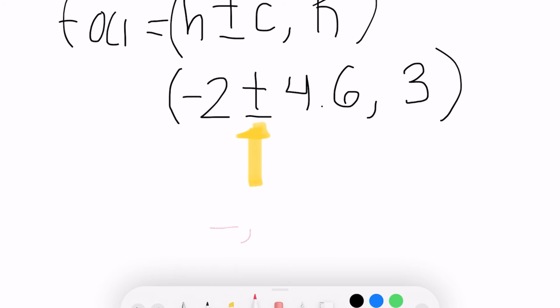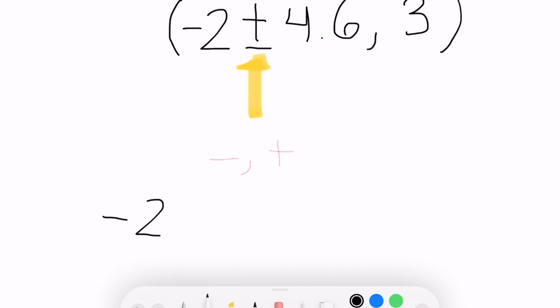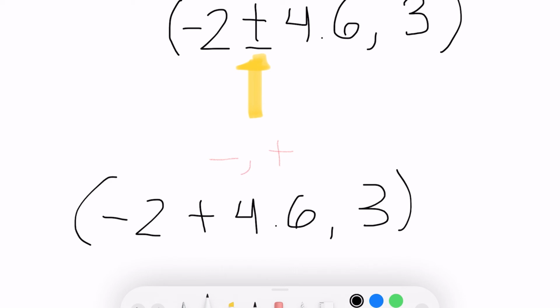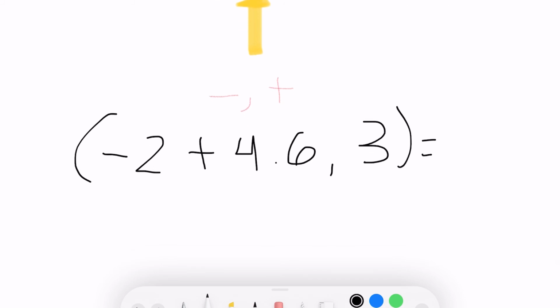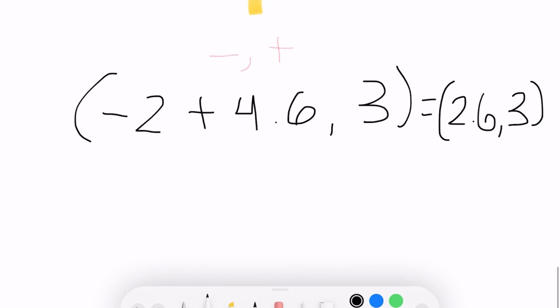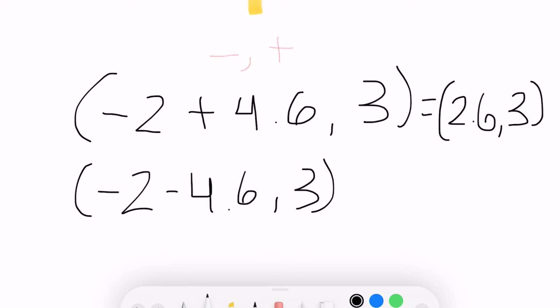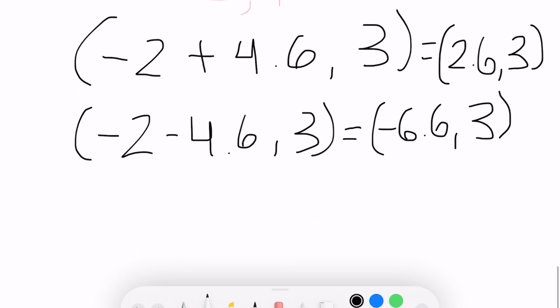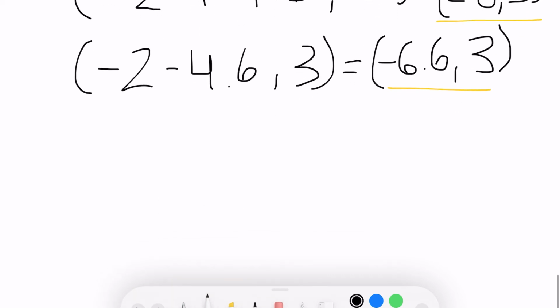Plus and minus just means minus and then plus. So negative 2 plus 4.6, comma 3 equals 2.6, comma 3. And then negative 2 minus 4.6, comma 3, equals negative 6.6, comma 3. So those are the foci.